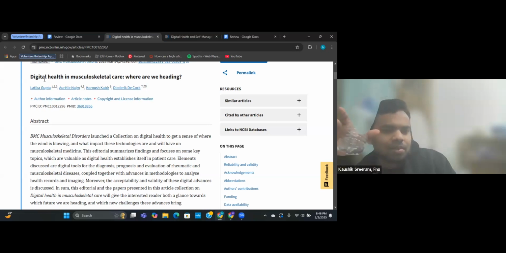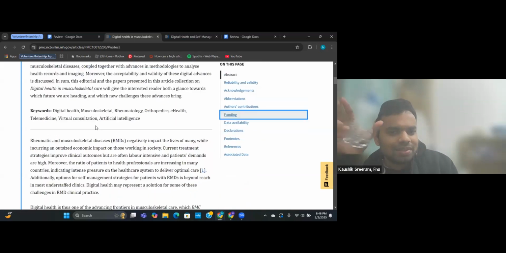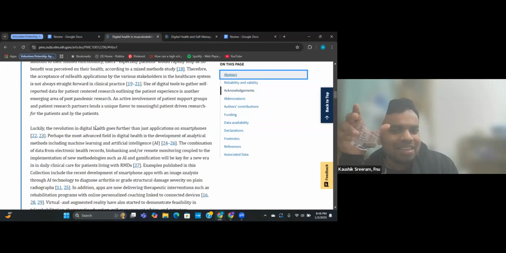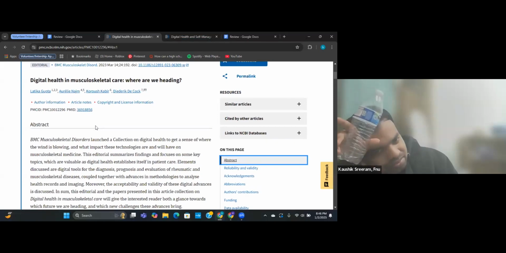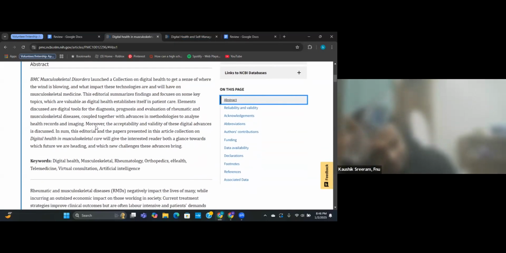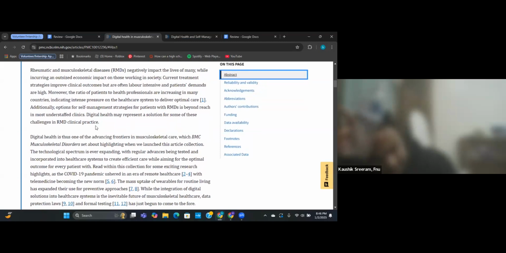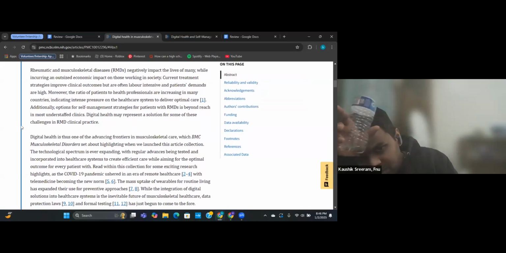See, digital health and musculoskeletal care. Where are we heading? It's a little bit catchy, but here, you read their introduction. Abstract is fine, not really. Look for the structure.